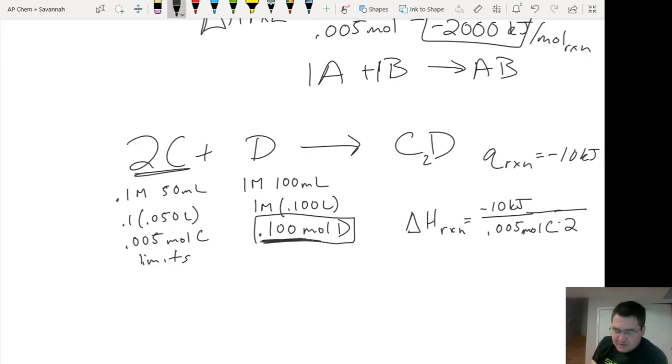So basically you account for the stoichiometric coefficient there. Because for every 2 moles of C I'm reacting, I'm getting a certain amount. So this one comes out, let's just double check, negative 10 divided by 0.005 divided by 2 comes out to negative 1,000.